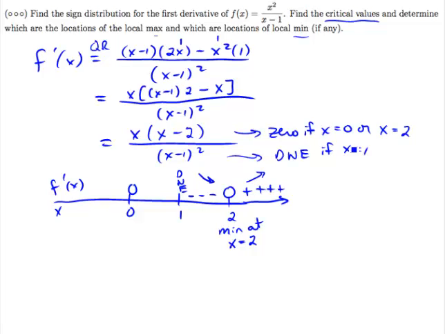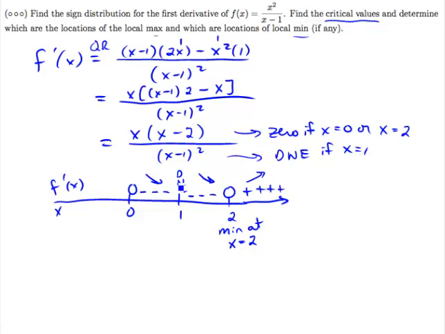And we continue on down the line, analyzing each interval and determining what those signs tell us. Between 0 and 1, x is positive, x minus 2, for the same reasons as before, will be negative, denominator is positive, so this will be a negative result. So I've got decreasing on this interval.